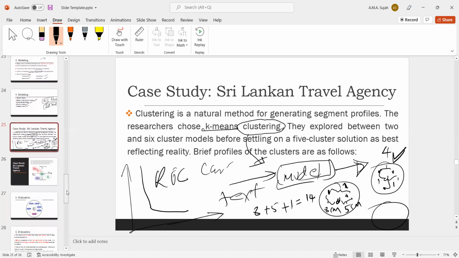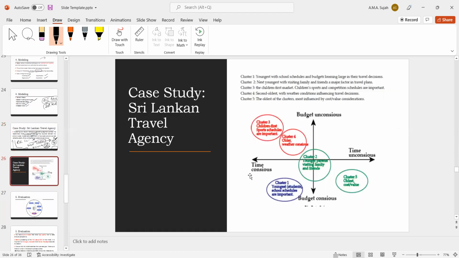Let's say this is the result. After clustering their customers, they find 5 clusters. Five clusters in the sense they will cluster their tourists into 5: the youngest with school schedules, youngest with visiting families, the oldest, second oldest.